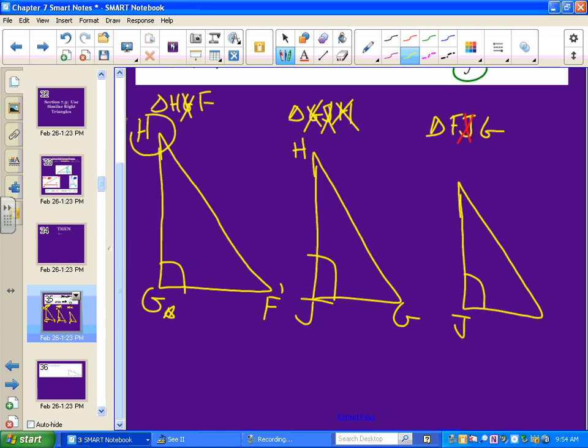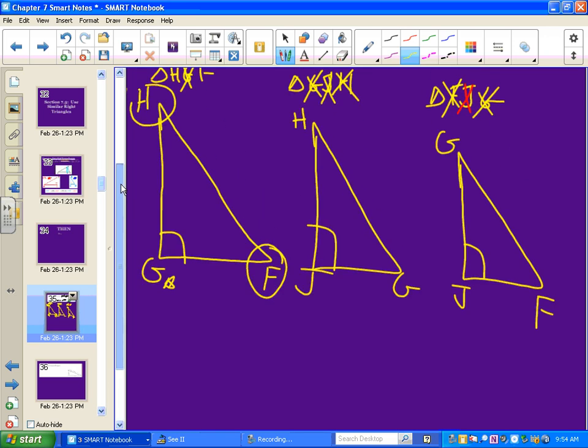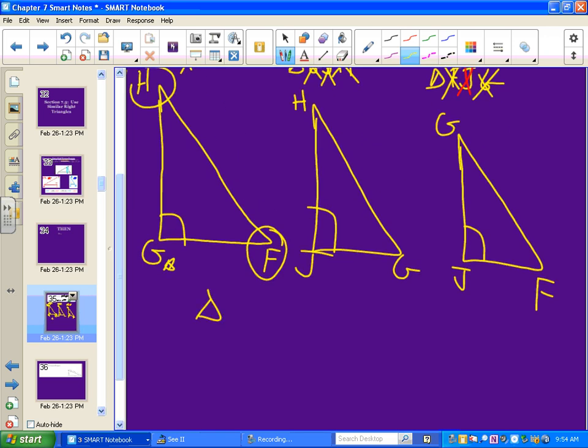F is located down here in the bottom right, so F goes in the bottom right here, and G in the top. Now all of your corresponding angles are in alignment. So when we write the similarity statement, it is triangle HGF is similar to triangle HJG is similar to triangle GJF.